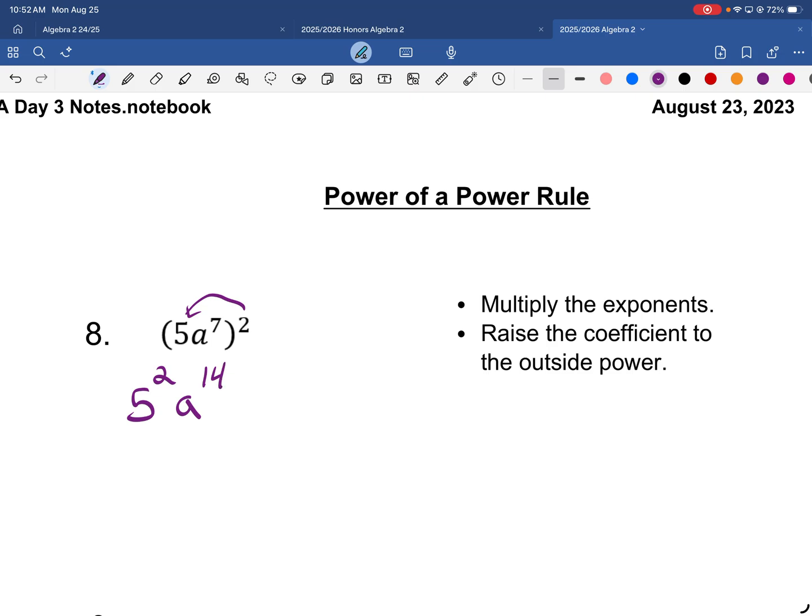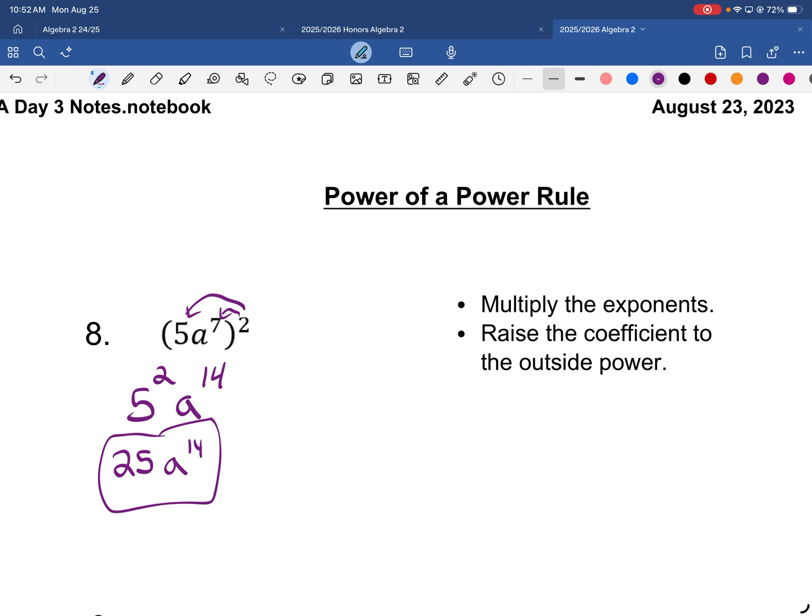The biggest mistake that happens when we're doing these is you forget to take that power to the coefficient. Now, also, the other error, 5 squared is 25, not 10. Remember, it's not 5 times 2, it's 5 times itself. Okay?